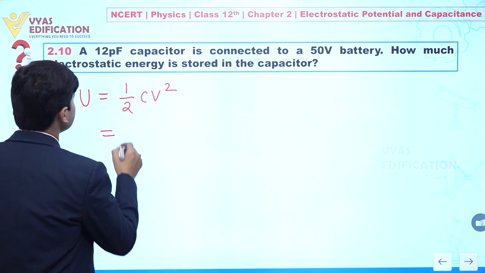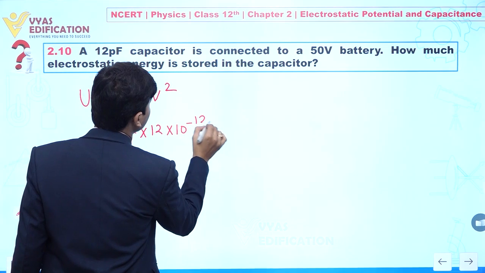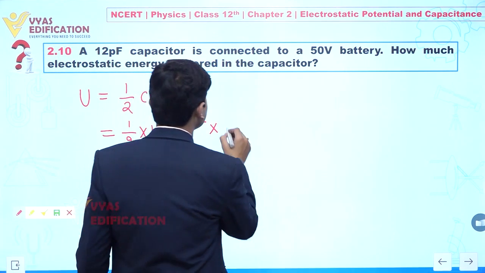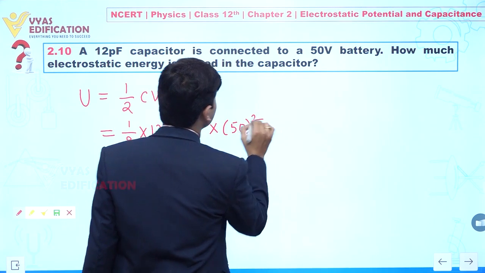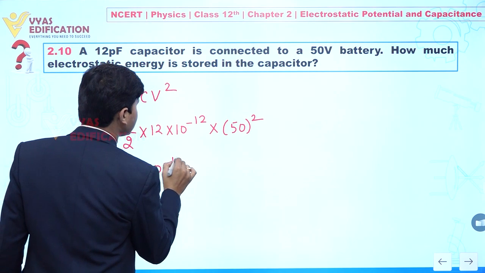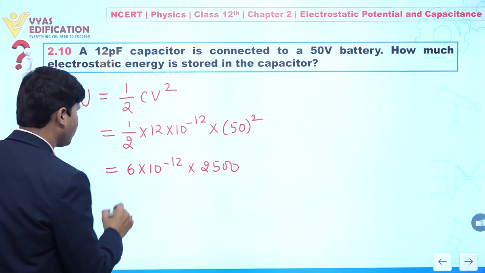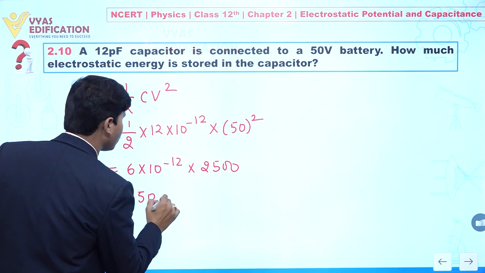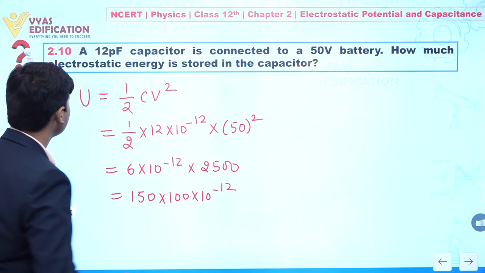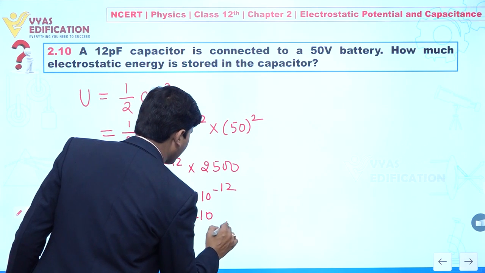The value of capacitance is given as 12 picofarad, so 12 into 10 to the power minus 12 multiplied by the potential difference, 50 whole square. You can easily calculate: 6 into 10 to the power minus 12 into 2500. So this is 150 into 100 into 10 to the power minus 12, which is 150 into 10 to the power minus 10 joule.